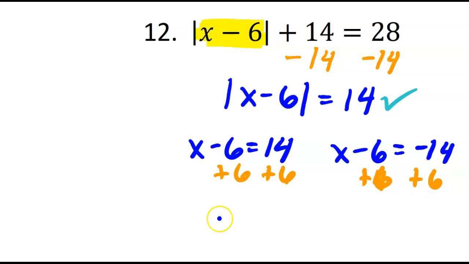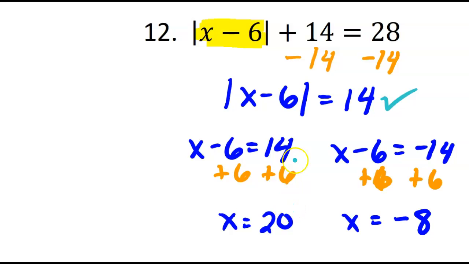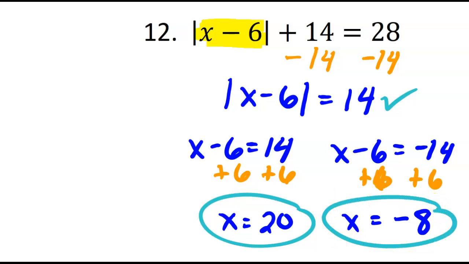And my two possible answers are x equals 20 and x equals negative 8. If I check them back, 20 minus 6 is 14, so that one's good. Negative 8 minus 6 is negative 14, but absolute value of negative 14 is 14, so that one is also good.